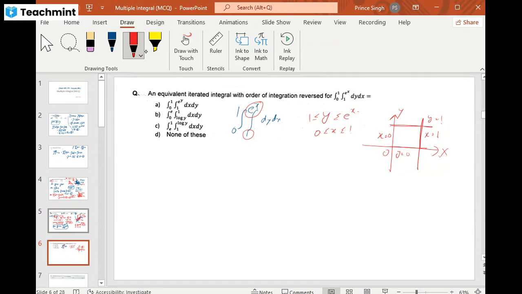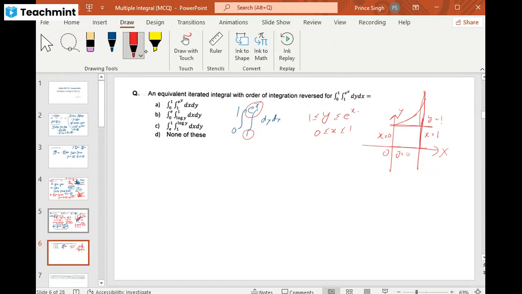So it means that the value of y varies from 1 to e. e raised to power x is basically a monotonically increasing function, right?